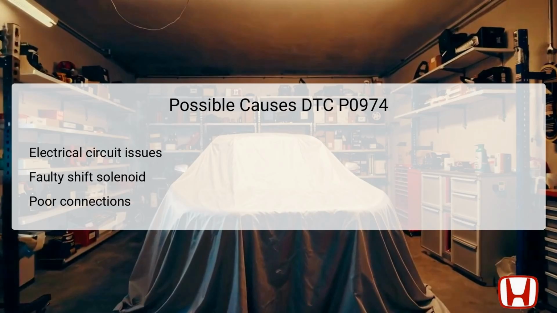Since the system relies heavily on electrical signals to function, any interruption in these pathways could signify further underlying problems. It's essential to inspect the wiring and connections thoroughly to identify intermittent failures that might not be apparent at first glance. Familiarity with these common causes allows technicians to diagnose the issue effectively and implement an appropriate repair strategy.